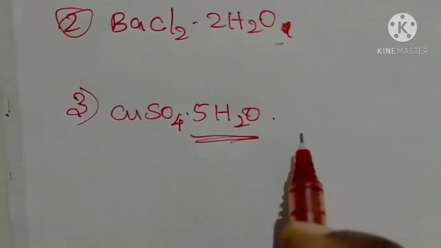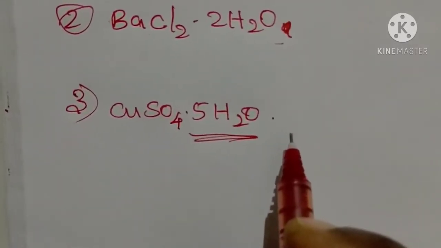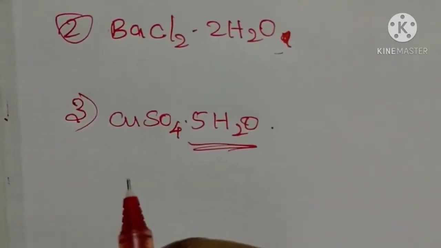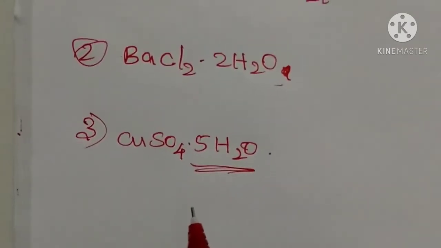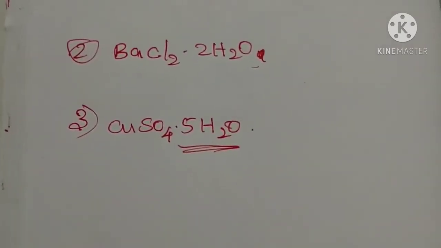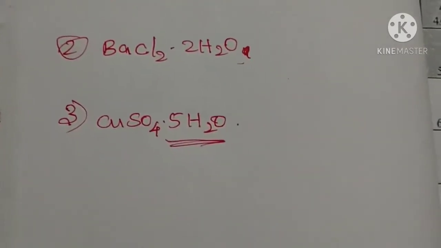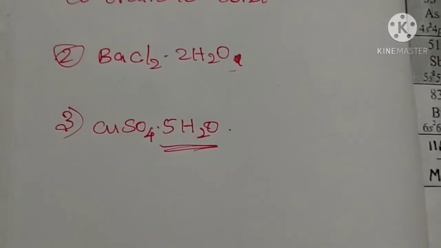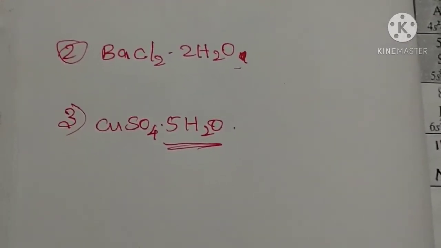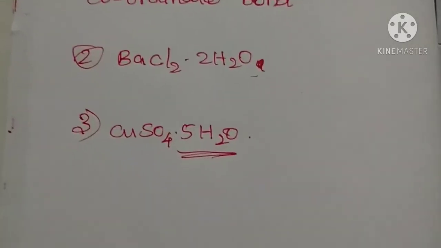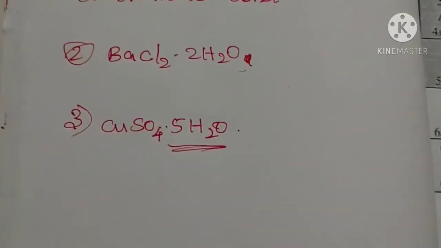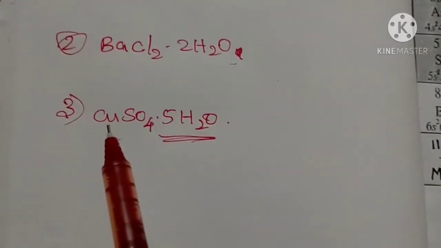The remaining, fifth water molecule is not directly bonded, not in the coordination bond. So it lies outside the coordination sphere, and it can form an intermolecular hydrogen bond with another molecule.